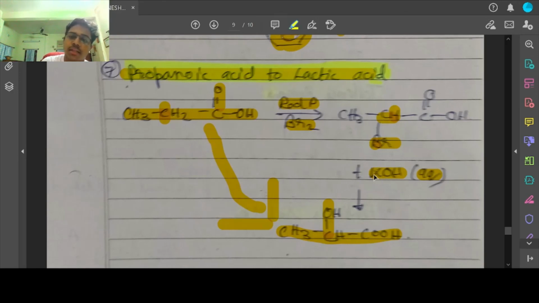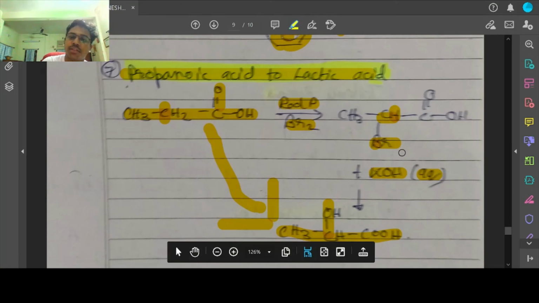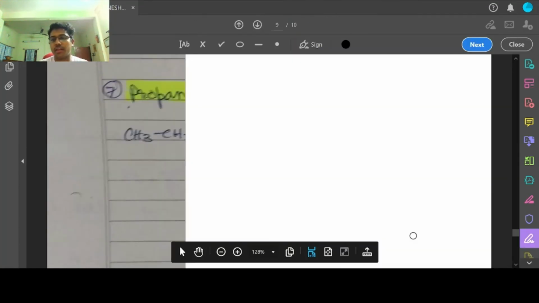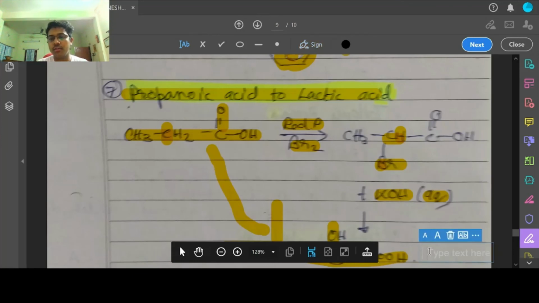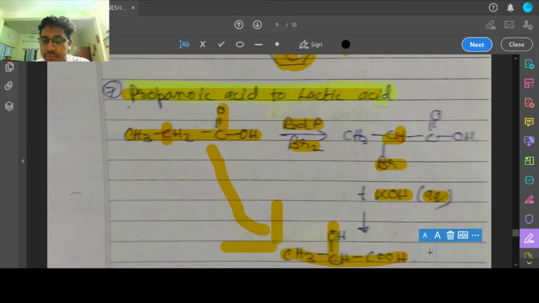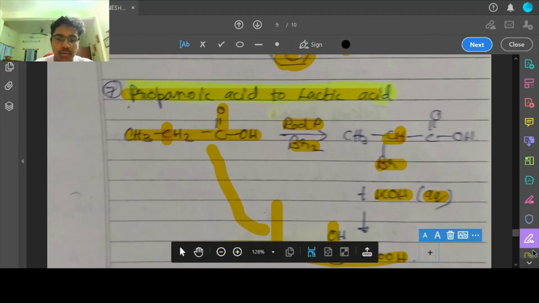Potassium acquires positive and OH becomes negative. So negative OH reacts with the positive carbon and forms CHOH, and KBr is also formed.